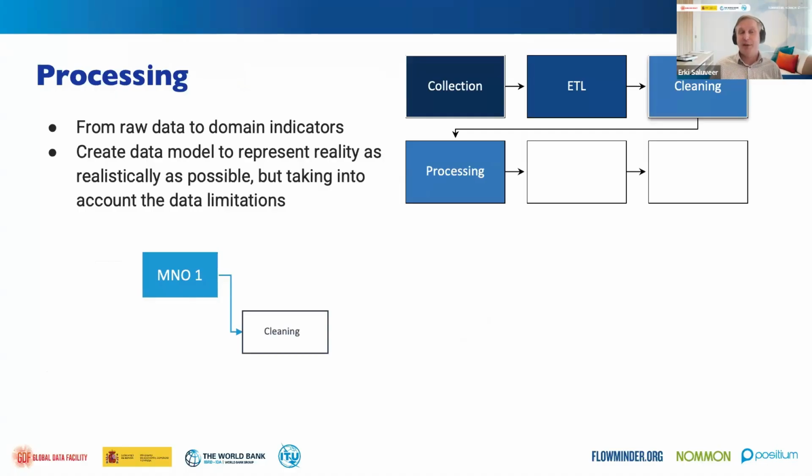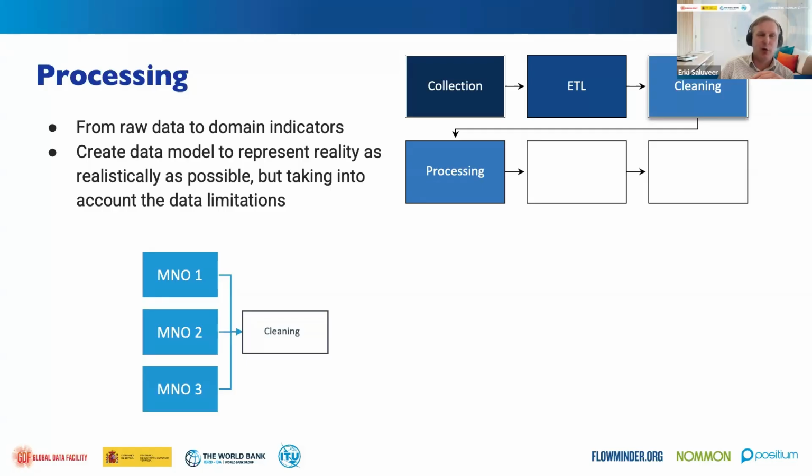But when the data is cleaned from possible errors, we get into the processing stage, which is the most important part of the mobile phone data pipeline, because this is where the value is really created. So to recap, first of all, the data cleaning takes place for either one mobile network operator or several.